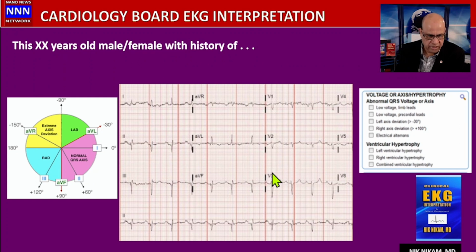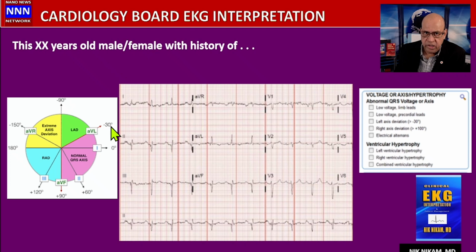All right, here is an example of a negative deflection that is more in depth compared to the positive deflection. That means we have more negative deflection. So this means it is minus 30 degrees and beyond. And by the same token, lead 2 and 3, lead 3 and AVF are all negative.